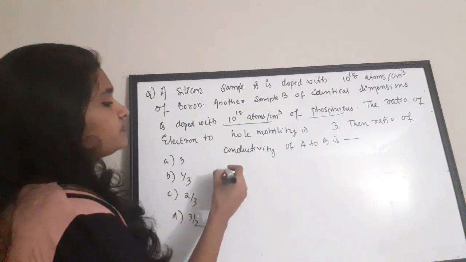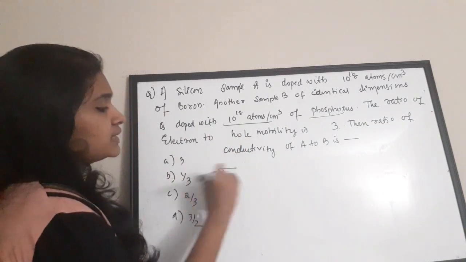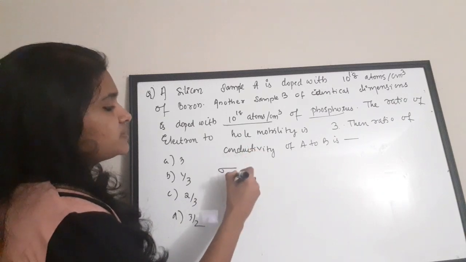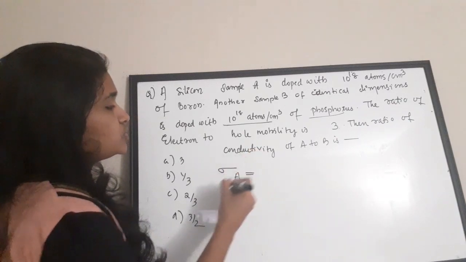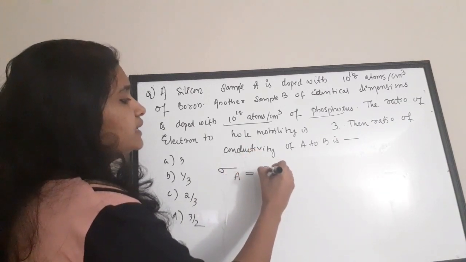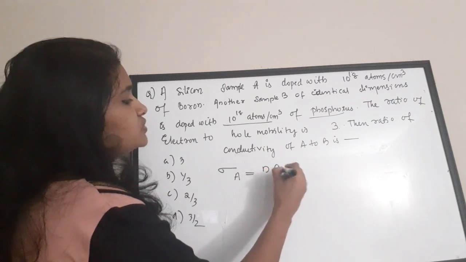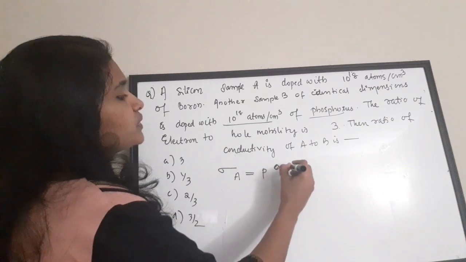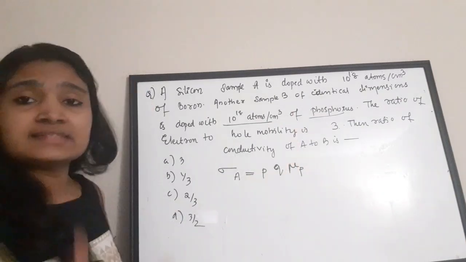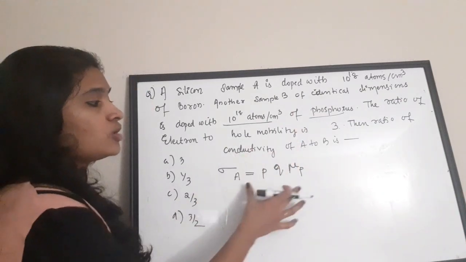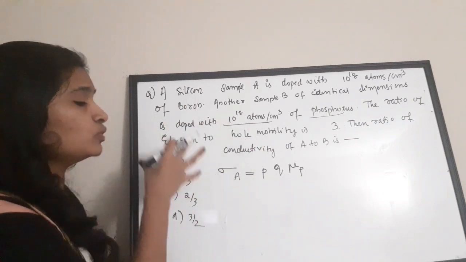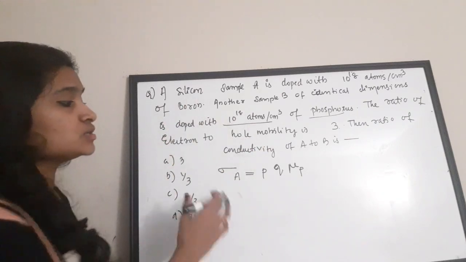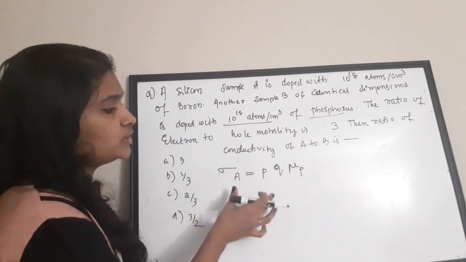So we can write sigma, the conductivity of the first material A, is equal to, sorry, here it is p, p into q into mu p. Since the first sample is doped with atoms of boron, a lot of holes will be created, so the conductivity is mainly contributed by the holes.